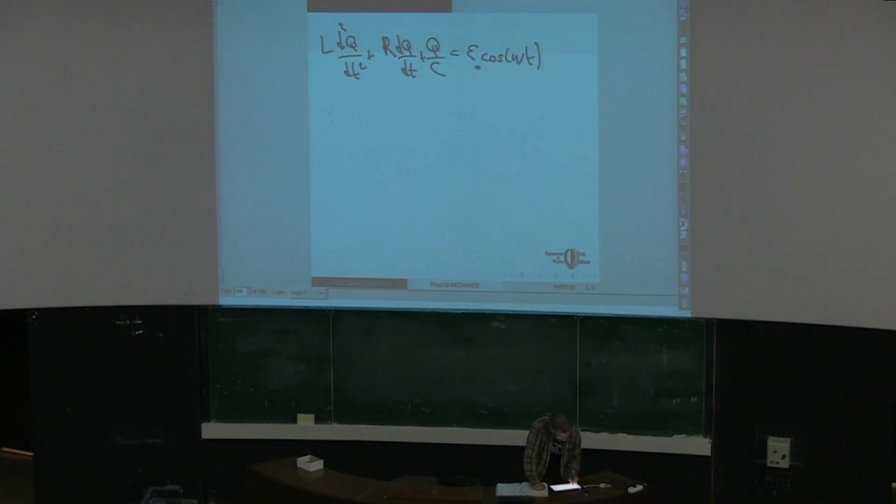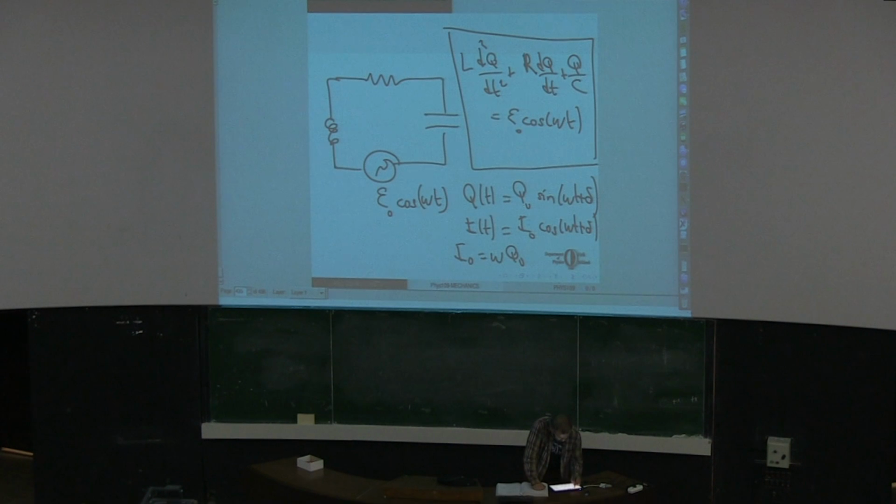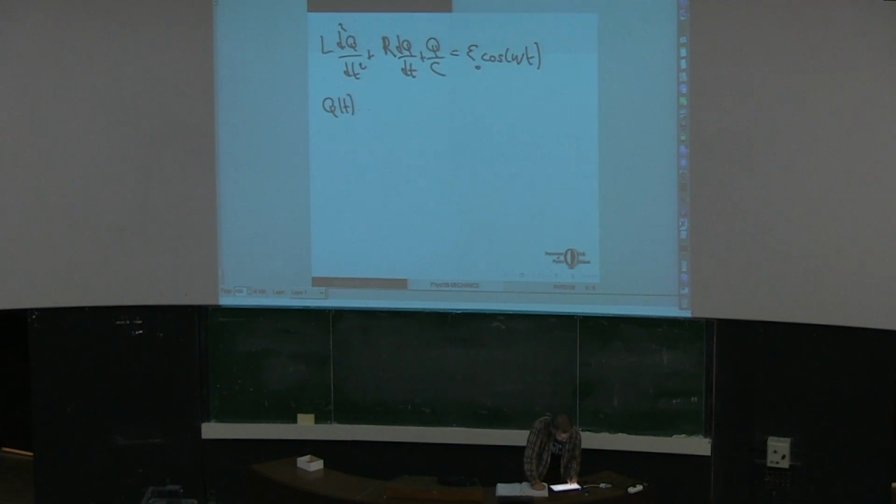Now, we said that Q of t is equal to Q0 sine of omega t plus delta. What else do we know? dq by dt is Q0 omega cosine of omega t plus delta, and d squared q by dt squared is equal to minus Q0 omega squared sine of omega t plus delta.